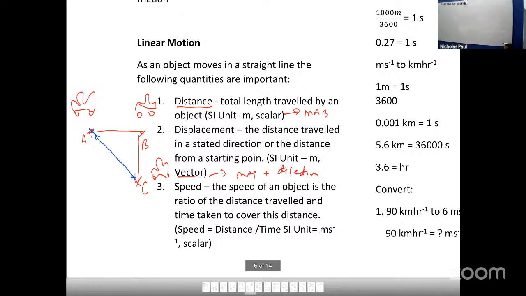Remember that? So your displacement is the straight line distance from start to finish. I can make a note of that. Displacement is your straight line distance from start to finish.